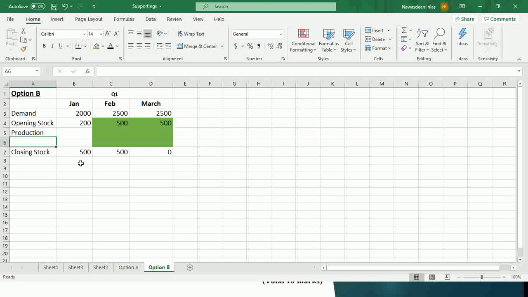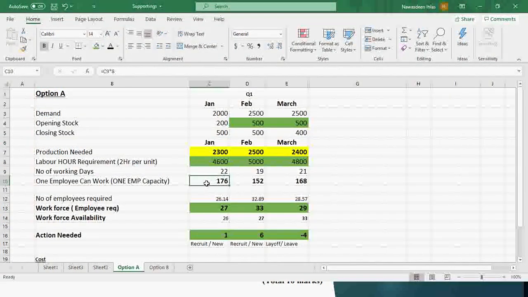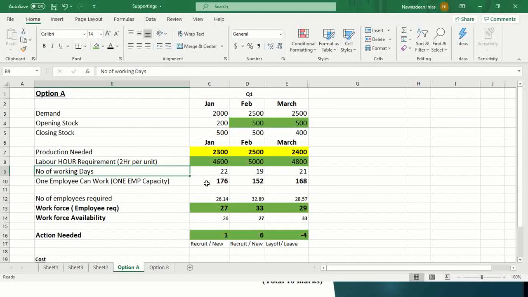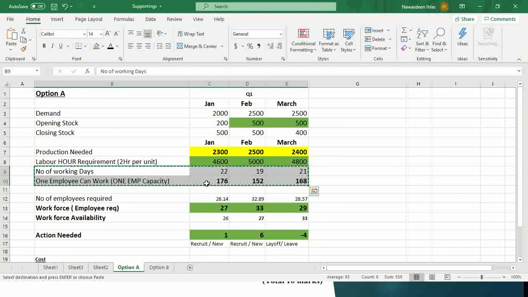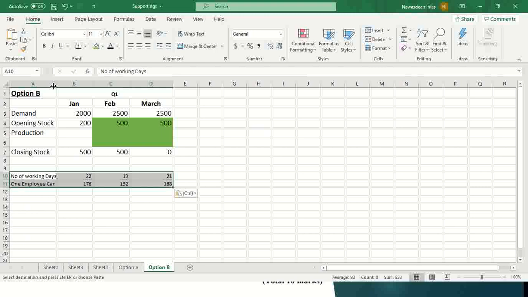Now we can take production. In this option, this information I already computed in the previous one, so I am taking this info.